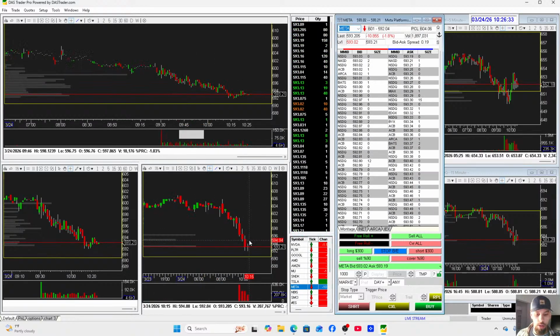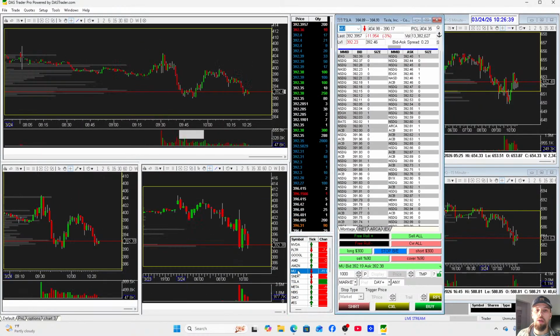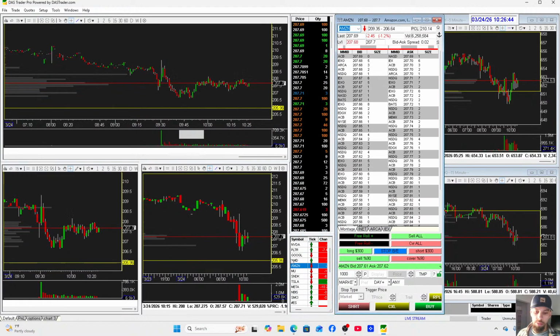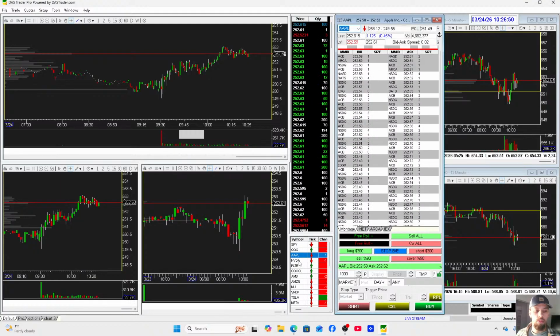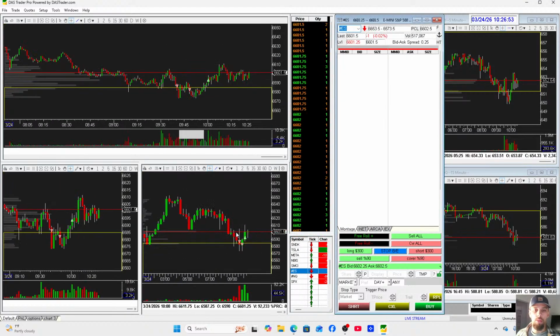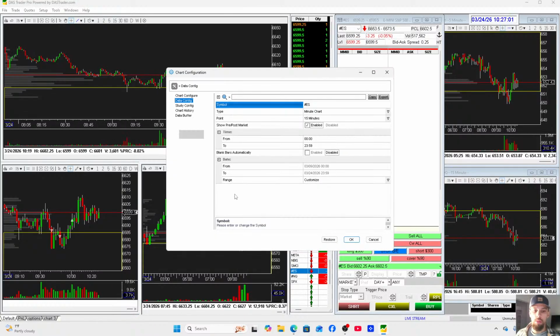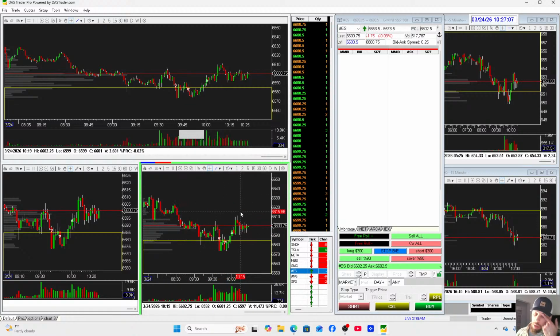Meta's been grinding down slowly. Making a wedge here on ES. SPY, Qs making a wedge.